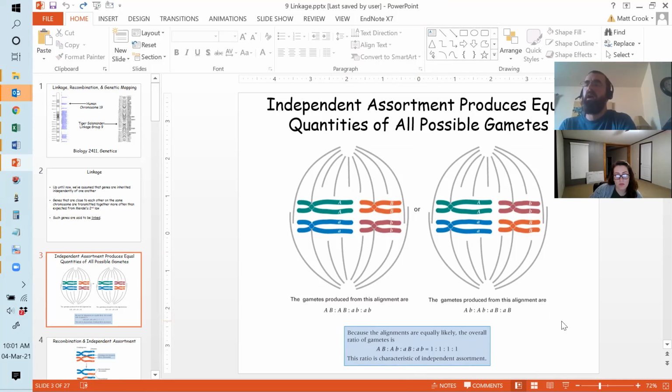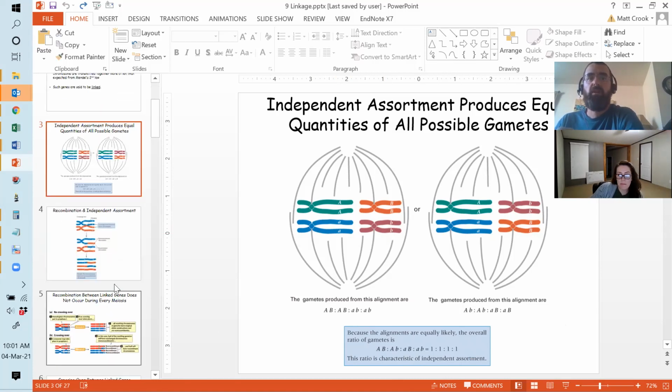So if you think back to dihybrid cross in Mendelian inheritance, you get 4 different gametes from an F1 heterozygote, present in equal proportion, and similarly for the other heterozygote. So this is independent assortment. Those genes are assorting independently of each other.